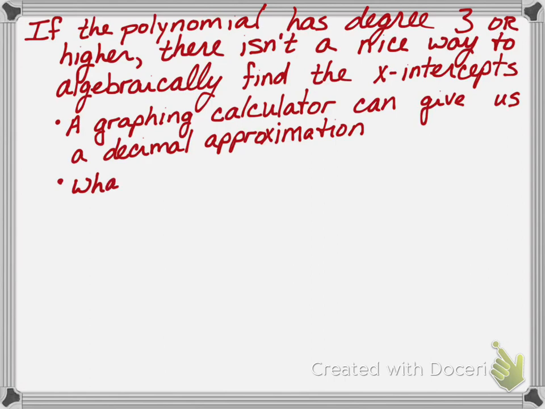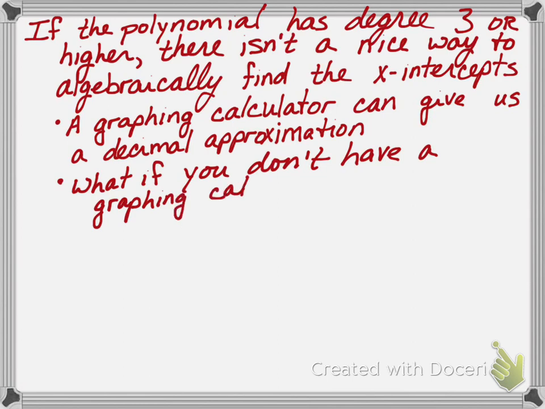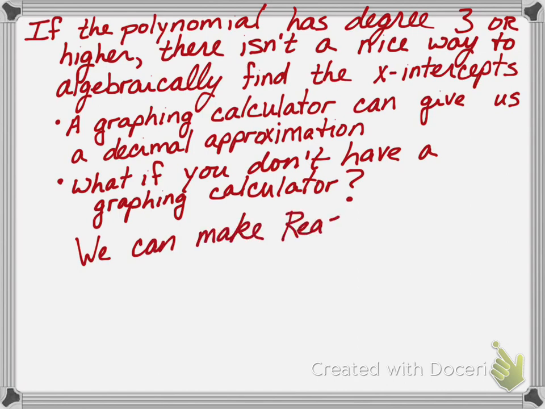But what if we don't have a graphing calculator? Then we can use something called the rational root theorem to guess reasonable x-intercepts.